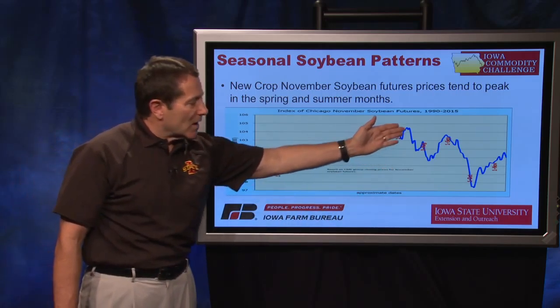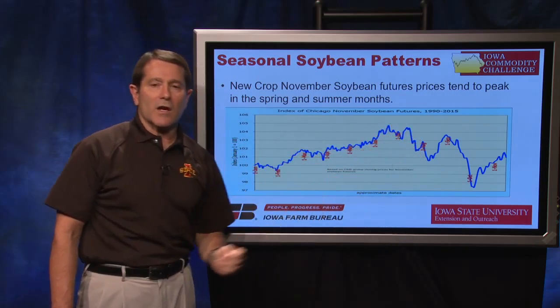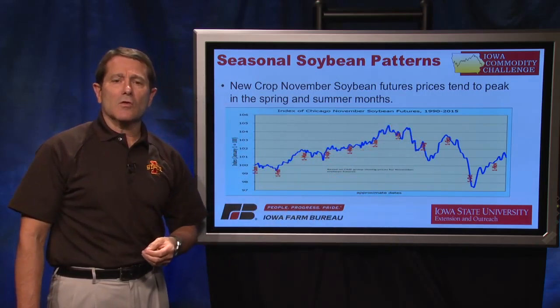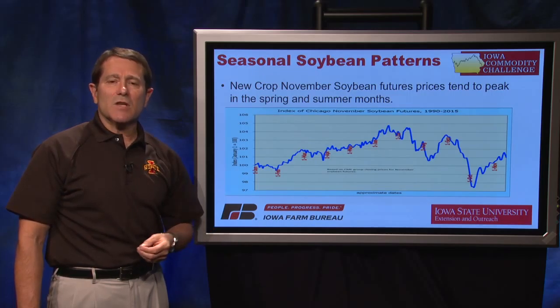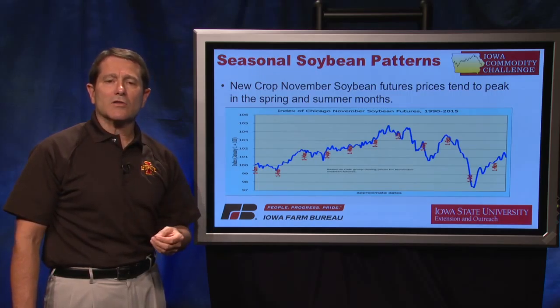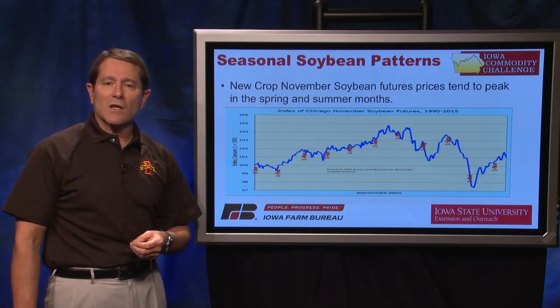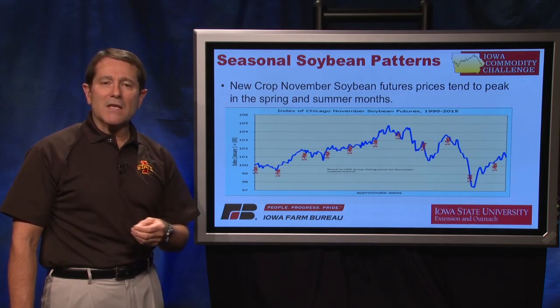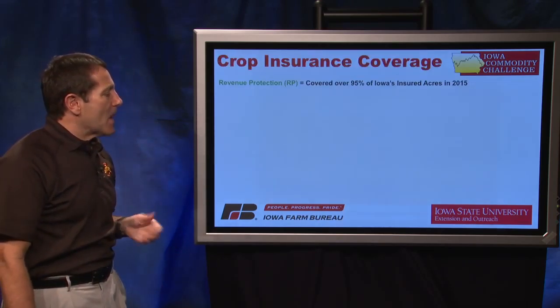In fact, we tend to see in both line graphs the harvest lows around late September or early October, where we also see the widest basis of the year.